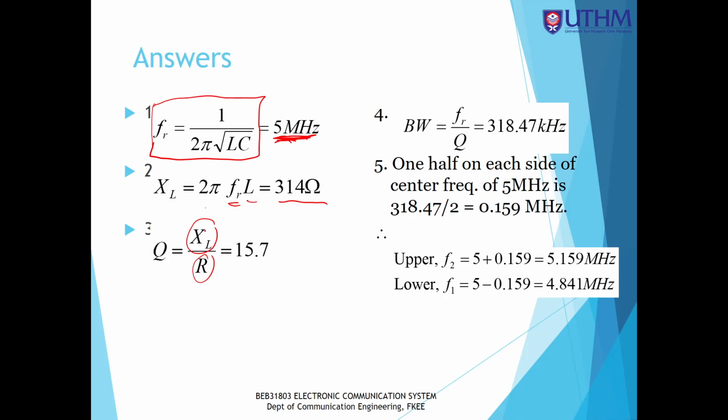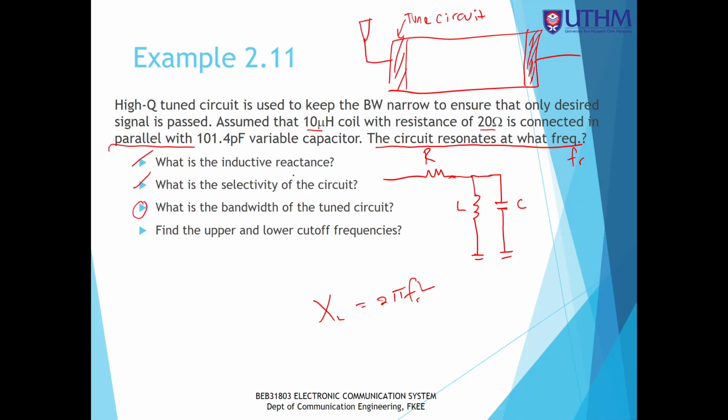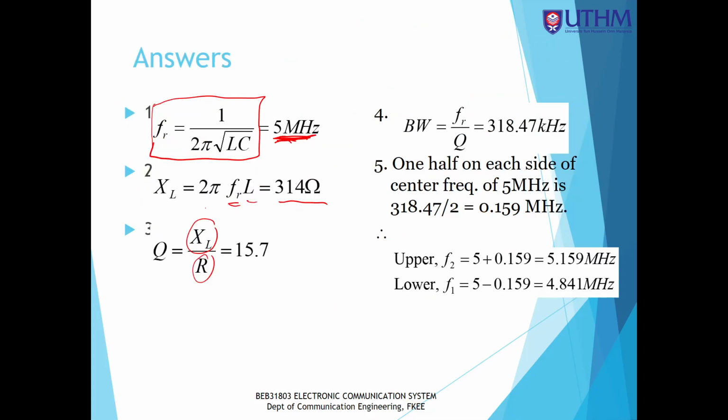So you put 314 divided by 20 ohm. 314 divided by 20, and you get 15.7, no unit.